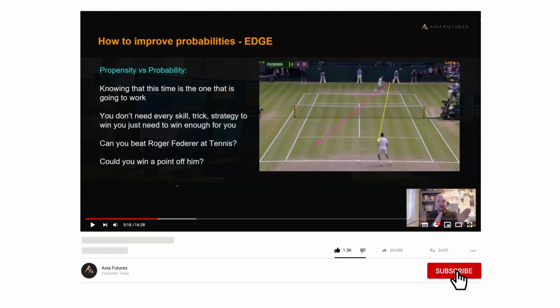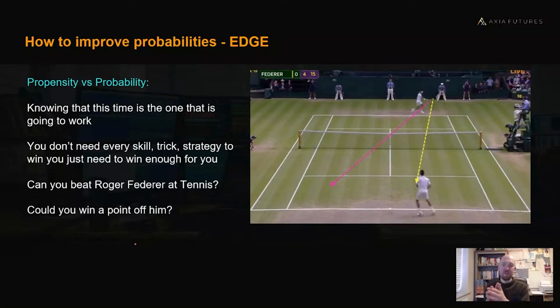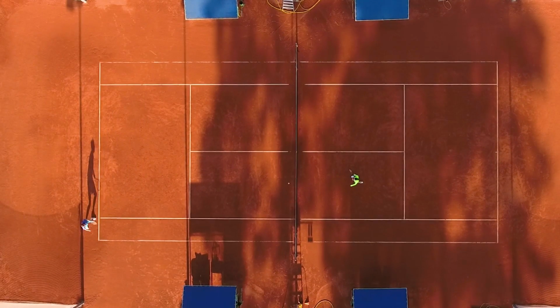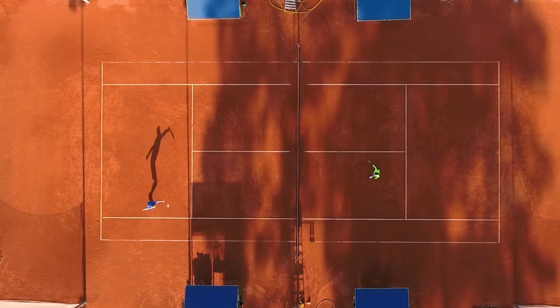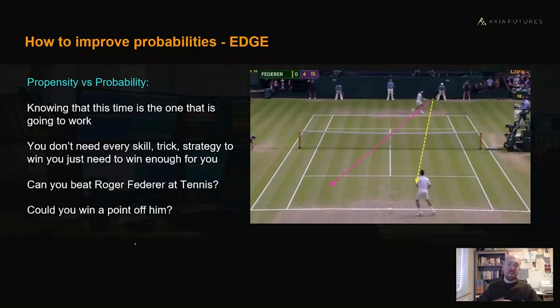So what you're trying to do is increase your ability to spot the 60% rather than rely on taking every trade and assuming that 60% will win. What you're trying to do is say, right, 60% of these will win. I'm now going to look for things that indicate the propensity that they will win. So this is about knowing what it is about that trade that makes this a viable trade.